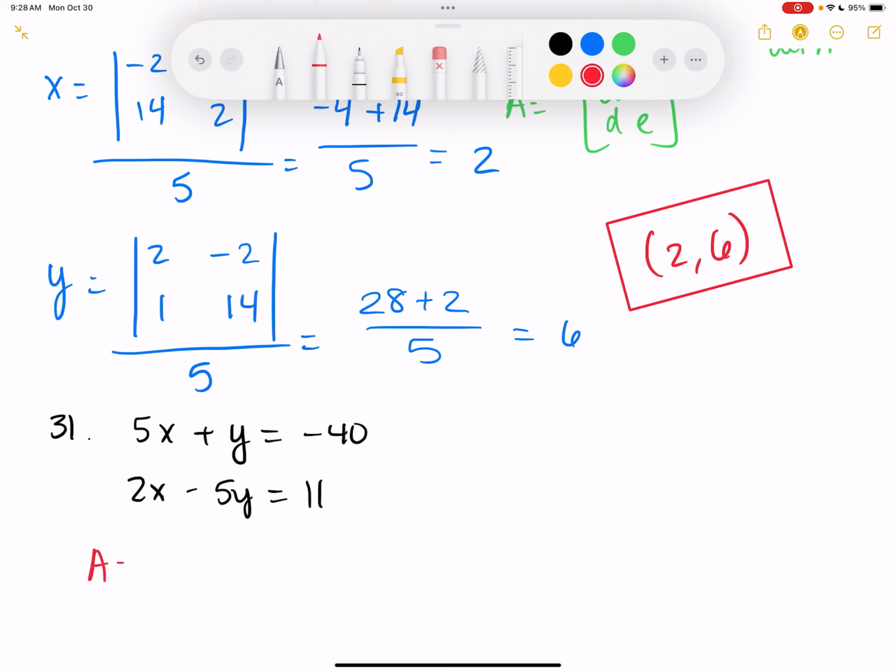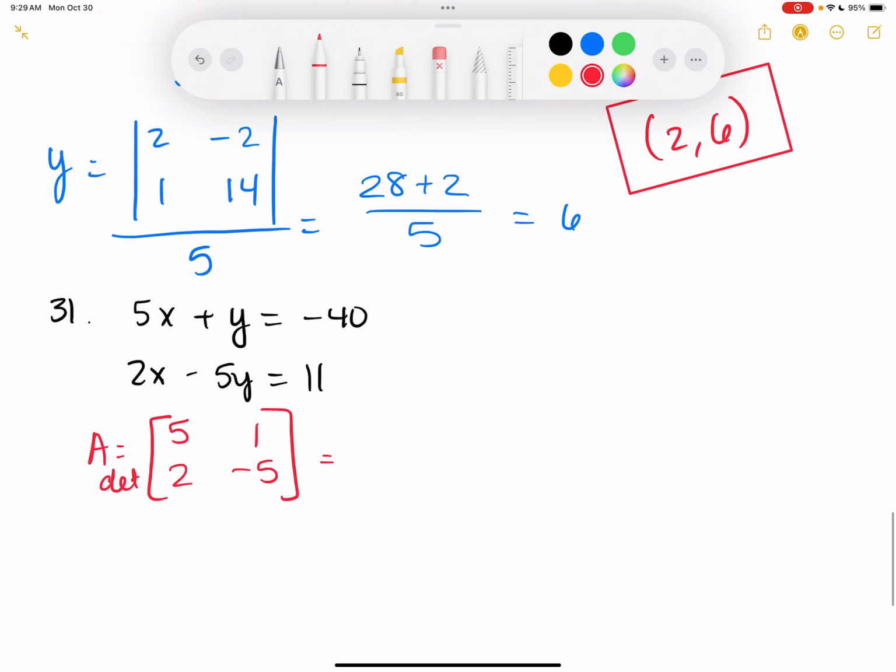That's going to be the matrix 5, 1, 2, -5. So what's the determinant of this? That's going to be -27. So that'll be my denominator.